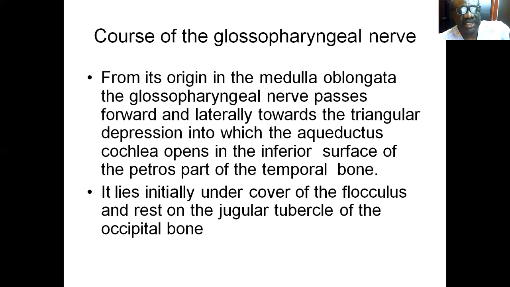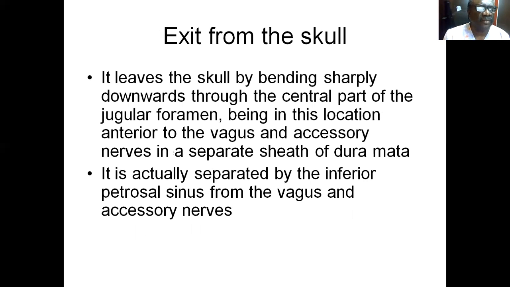It lies initially under cover of the flocculus and rests on the jugular tubercle of the occipital bone. And in postgraduate examinations these days, we are asked to talk about the course of the nerve.